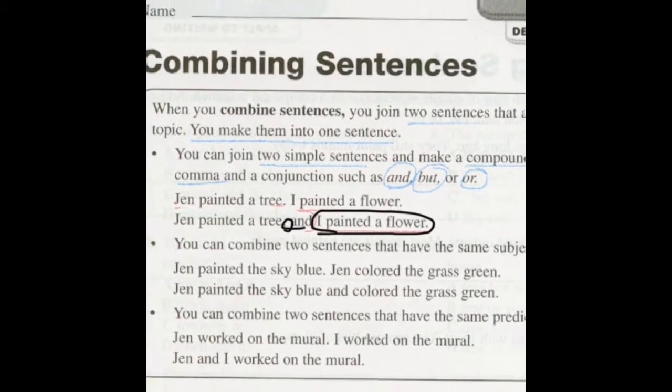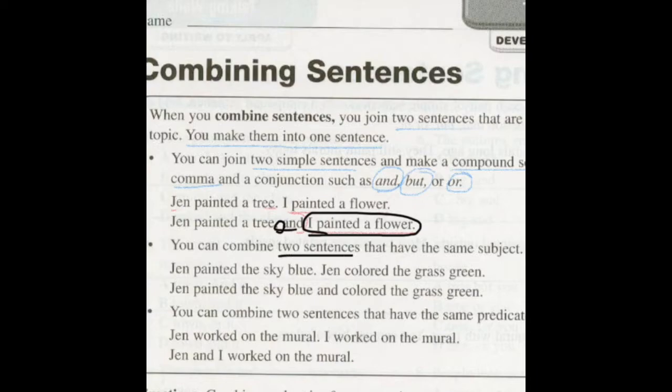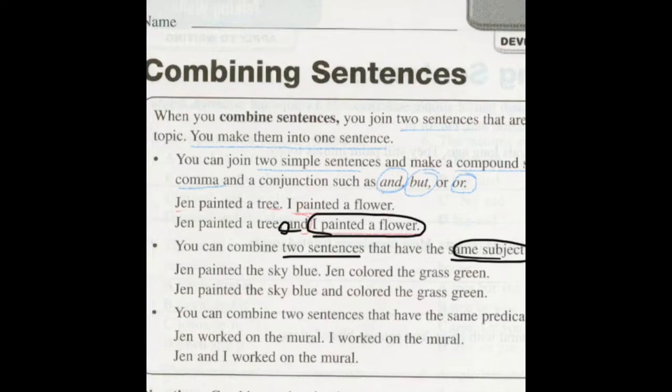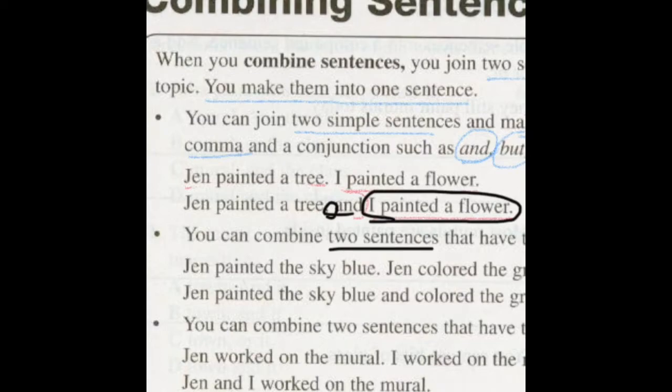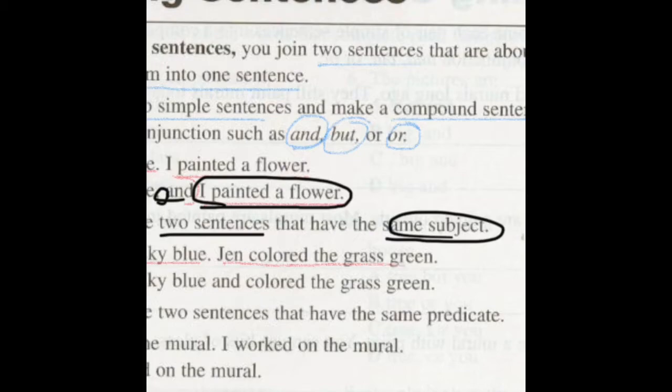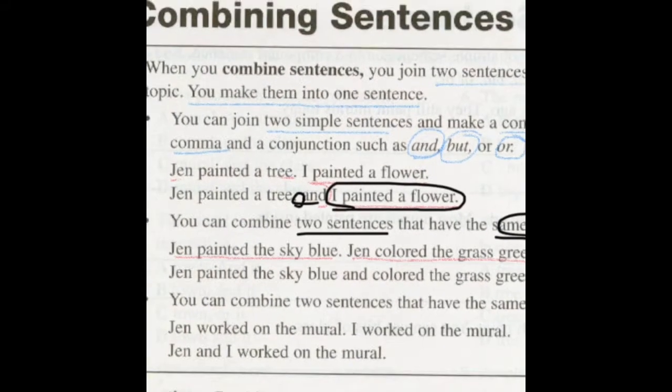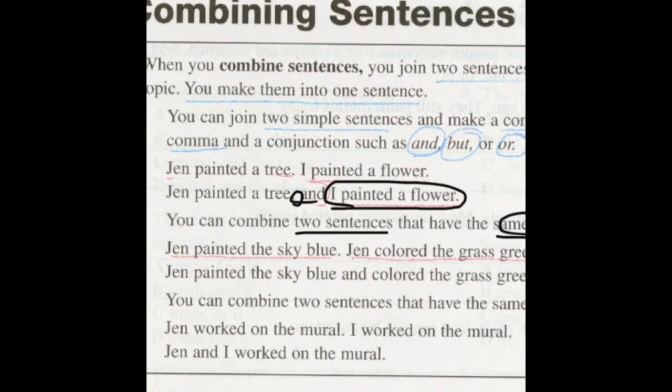The next example. You can combine two sentences that have the same subject. And the same subject would be who or what those sentences are about. So let's take a look. Jen painted the sky blue. Jen colored the grass green. Both of those sentences are about Jen. That's the subject of both sentences.